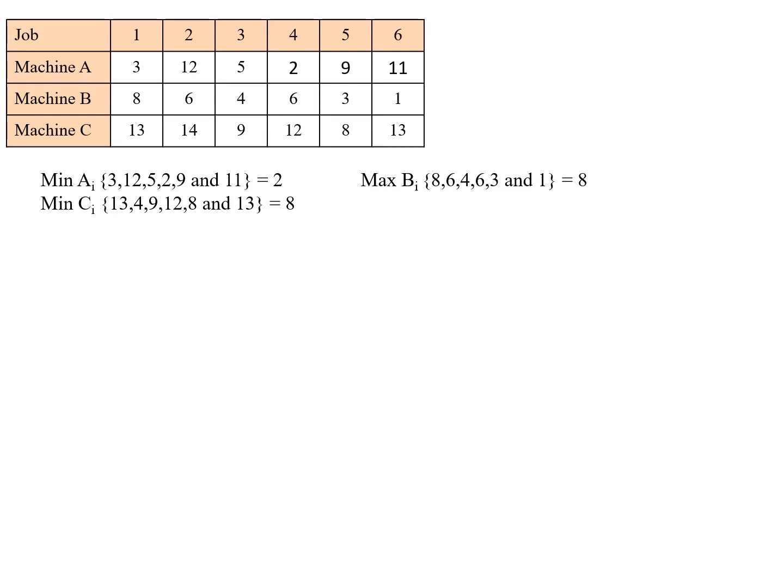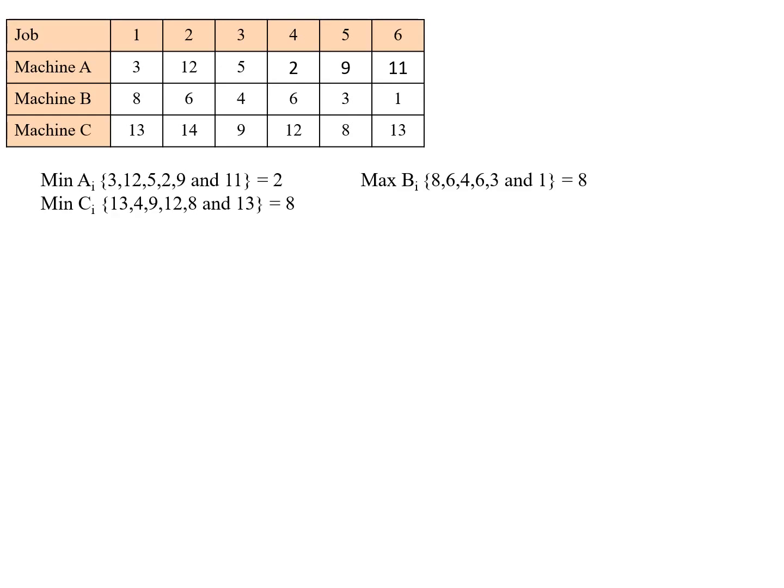Similarly, machine C has the processing times 13, 4, 9, 12, 8 and 13. Among these values, the minimum value is 8. And machine B has the processing times 8, 6, 4, 6, 3 and 1. Among these values, the maximum value is 8.